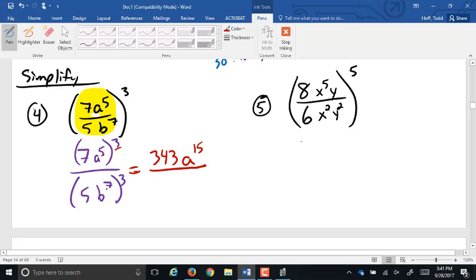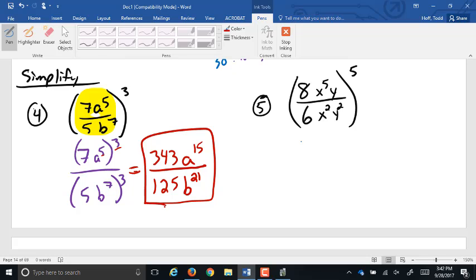Now on bottom, 5b to the 7th to the 3rd power. We take the count first. 5 to the 3rd power is 125. We do have to do 5 times 5 times 5 for the count. It's just the power gets multiplied. So it's b to the 21st. Good. So there it is, 343a to the 15th over 125b to the 21st.